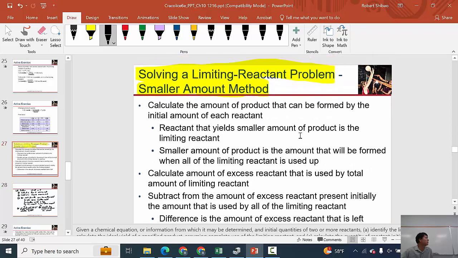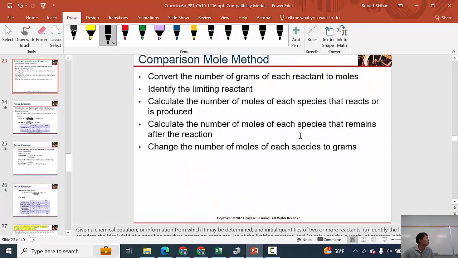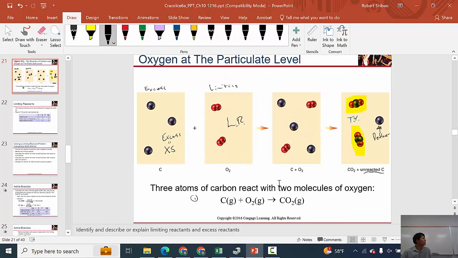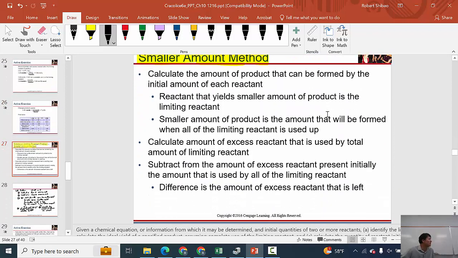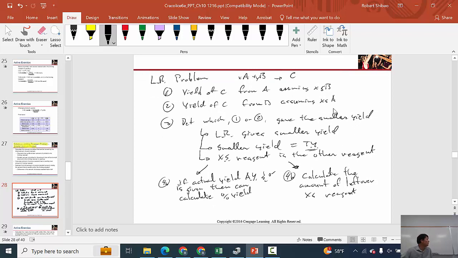Like in the previous example with the bicycles, you could do this in your head. If we have 3 frames and 4 wheels, we could build 2 bicycles, and then how many leftover frames, the excess reagent, do we have? Just 1. And so oftentimes we'll do that to determine how much leftover stuff there is. And so these are the steps that we typically take in a limiting reagent problem.